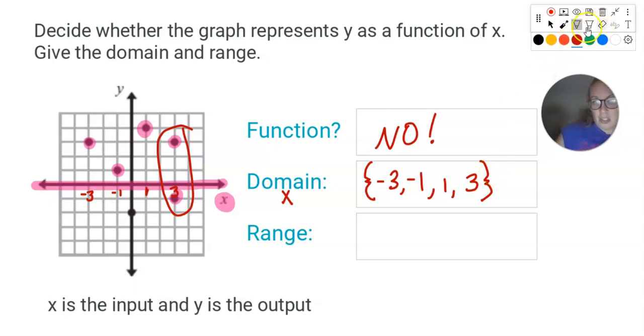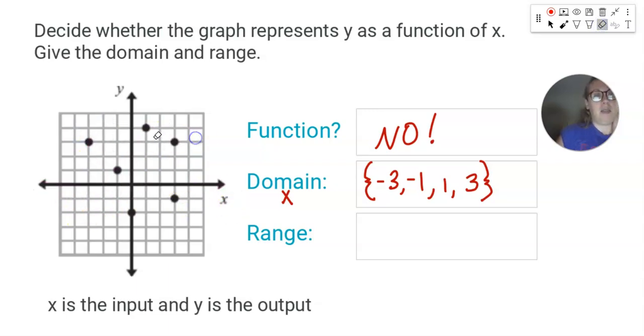And our range is our y values. I'm just going to erase this, and now we're going to look at these points in regards to their y coordinate. The lowest point is down here at -2. Our next point has a y value of -1.